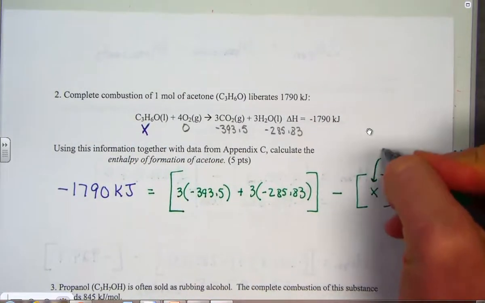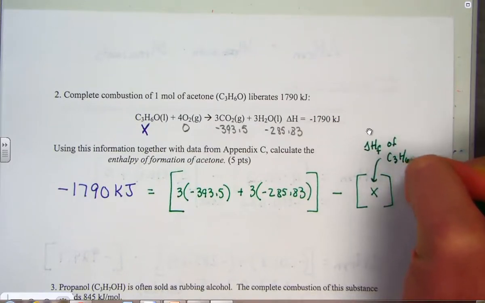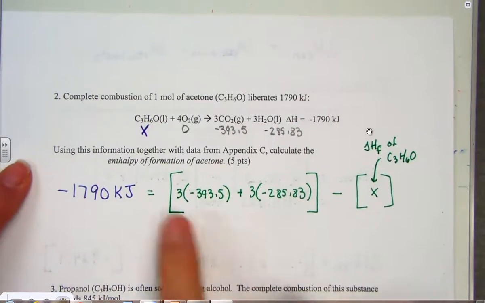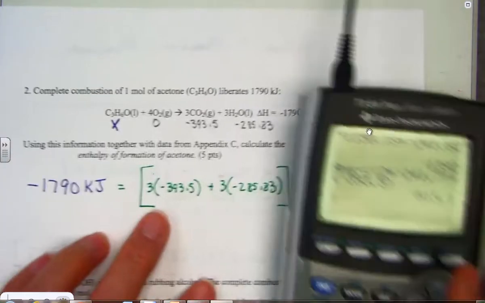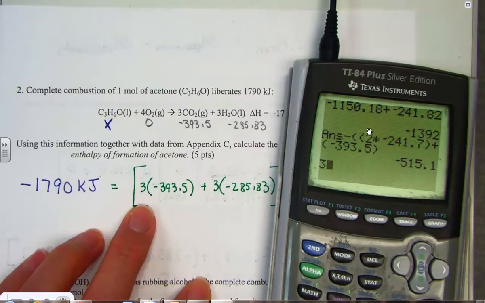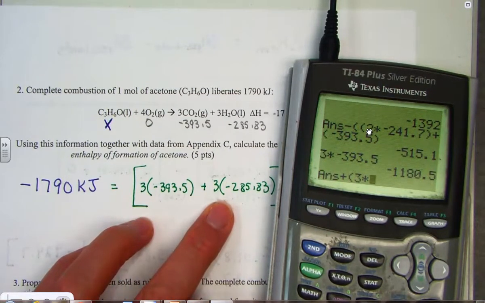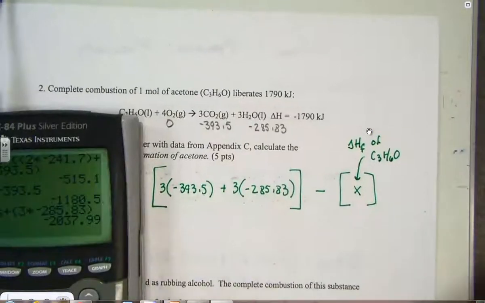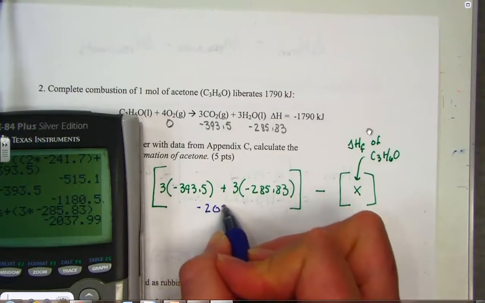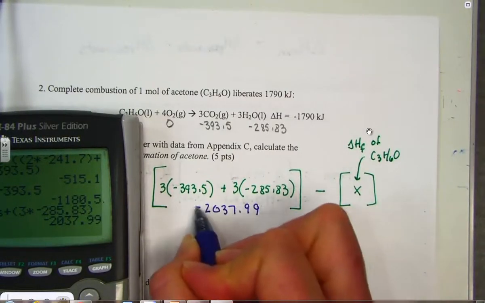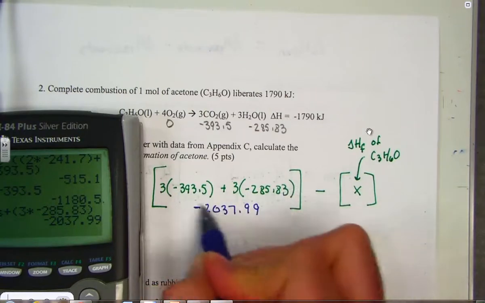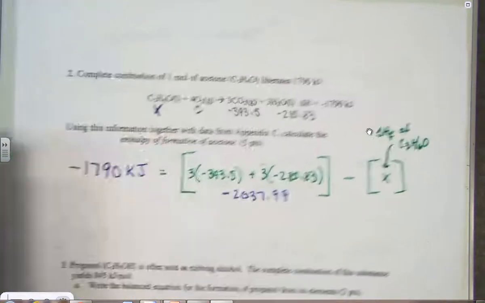So we're letting X stand for delta H of formation of C3H6O. Well, let's simplify what we have inside this parenthesis. 3 times negative 393.5 plus 3 times negative 285.83 gives me a value inside of this parenthesis as negative 2037.99. Multiplying through and adding, I simplified inside of that bracket.